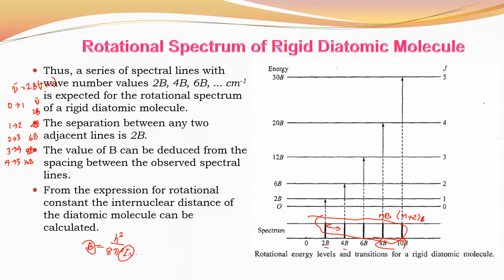Then we obtain I. But I is equal to mu r square. Mu is the reduced mass, which is known to us. Then the bond length can be measured. So using rotational spectroscopy, we can obtain some properties of diatomic molecules, such as bond length.